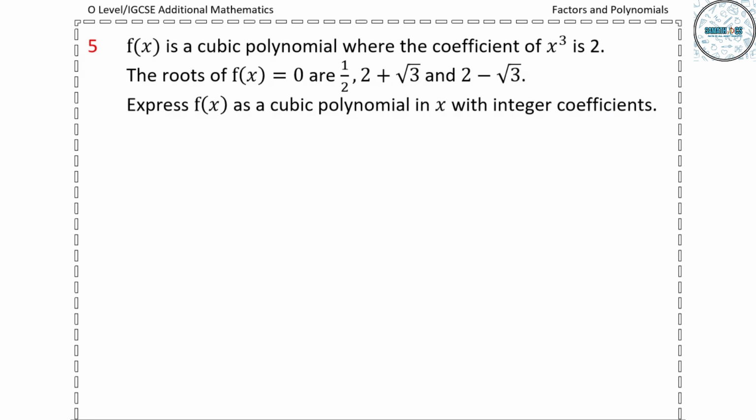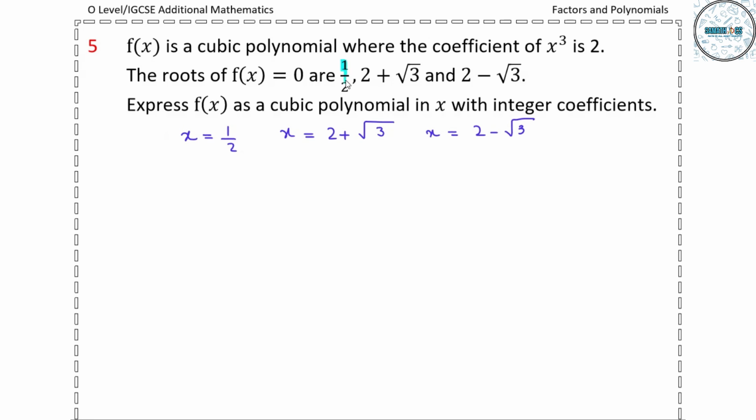Now, first of all, we will write the values of x. We have three values of x here. x is equal to 1 upon 2. x is equal to 2 plus under root 3. Third value is x is equal to 2 minus under root 3. These are the three values of x.